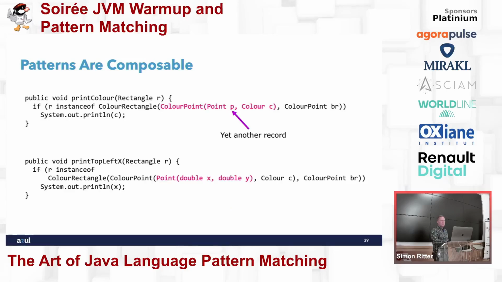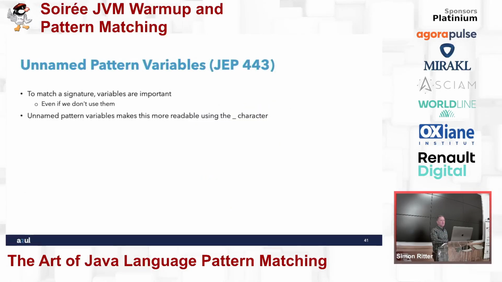So just go through here so I can remember to make it right. Yeah, so this is a new JEP, which is unnamed pattern variables. And the idea is that you can match against the signature, so you know that the variables that you've got are important, but any that you don't want to use, rather than have them called out explicitly with the type and a variable name, you simply use a single underscore to show that there is something there, but you don't care what it is.